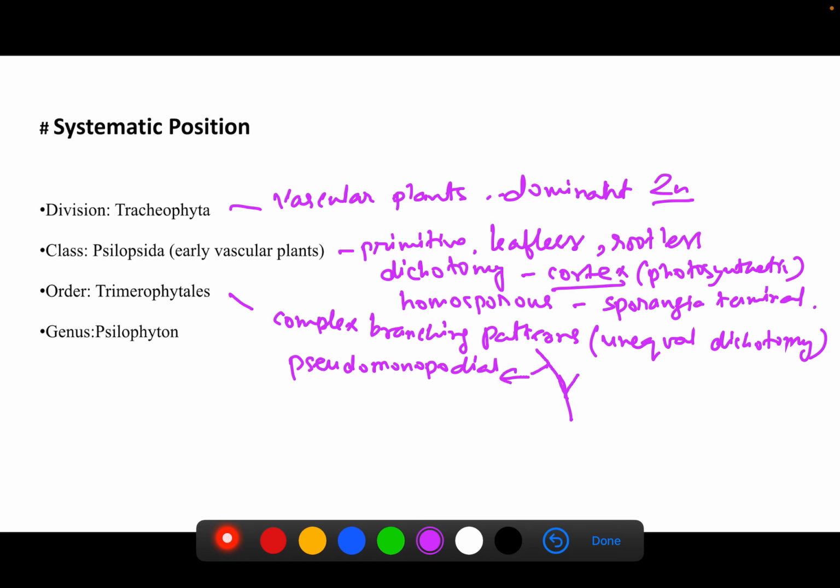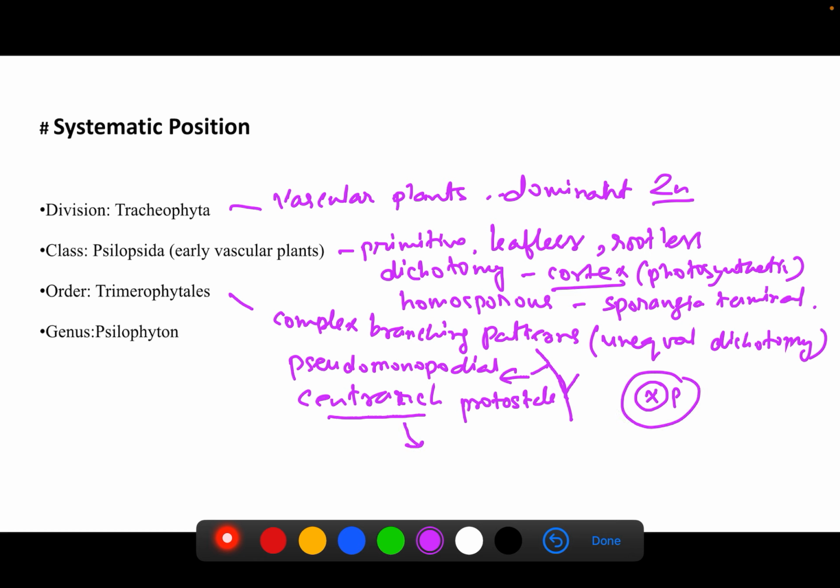Another very important thing we will see is that they have a centrarch protostele. Centrarch, C-E-N-T-R-A-R-C-H, protostele. Centrarch protostele means, as we learned earlier in Rhynia, the xylem is surrounded by phloem, isn't it?